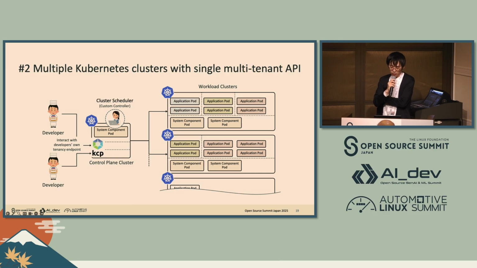For example, with KCP, you can separate CRDs, custom resource definitions, per tenant. In a normal Kubernetes cluster, CRDs are shared across the tenants, but KCP lets each tenant have its own version of CRD and manage its lifecycle independently.